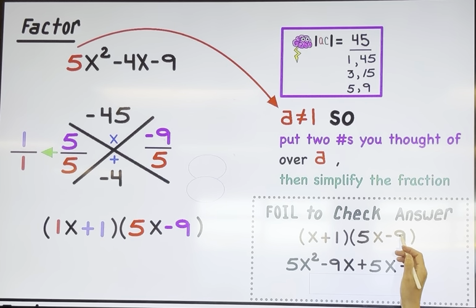Then x times -9, -9x. 1 times 5x, 5x. 1 times -9, -9. -9x's and 5x's make -4x. And so this is exactly the same as what we started with, so I know that I have that one correct.